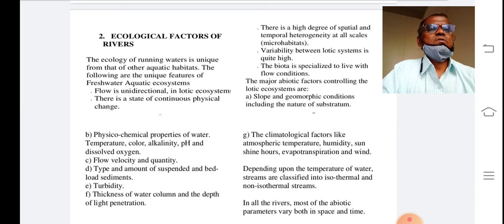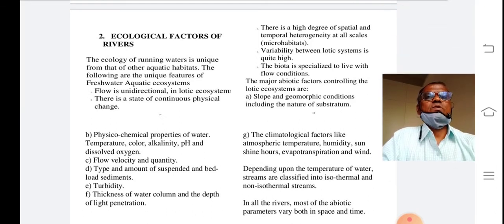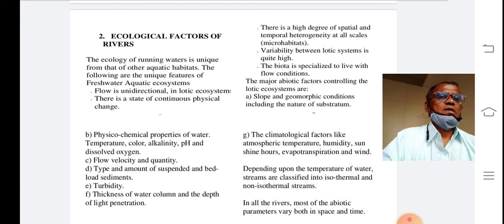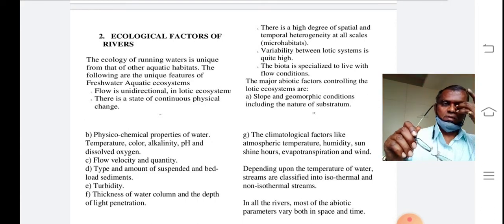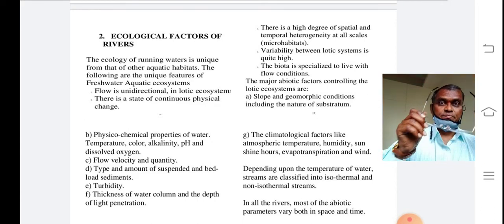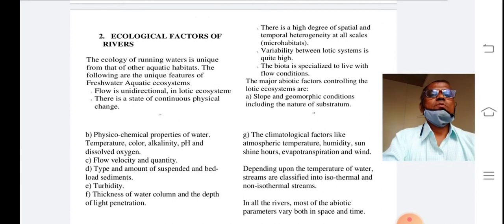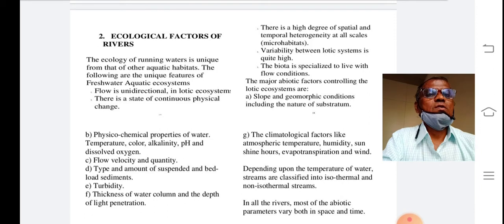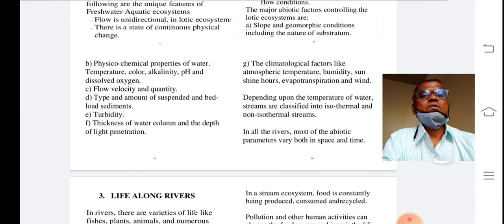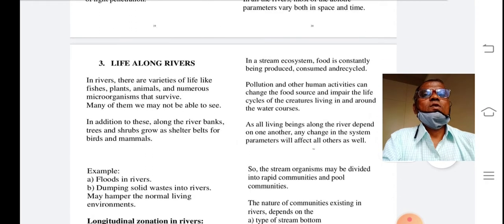Which factors may we consider? We have to give the answer for this concept, right? You consider the ecological factors of rivers, depending on temperature, water, other contents, sunlight, or evaporation. The third one is life along the rivers.